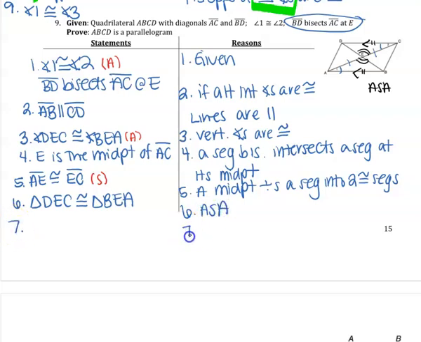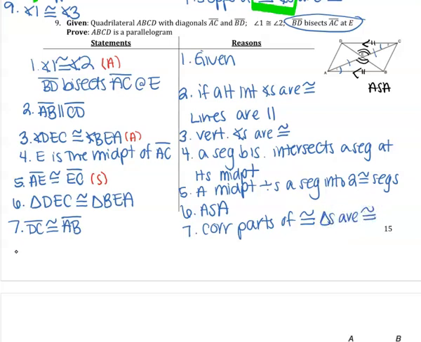Okay. Now remember our end goal here. We're trying to prove a parallelogram. So I got the triangles in order to steal these sides right here. So I'm going to say that DC is congruent to AB. And now I have exactly what I needed. I have the parallels, and I have that they are congruent.